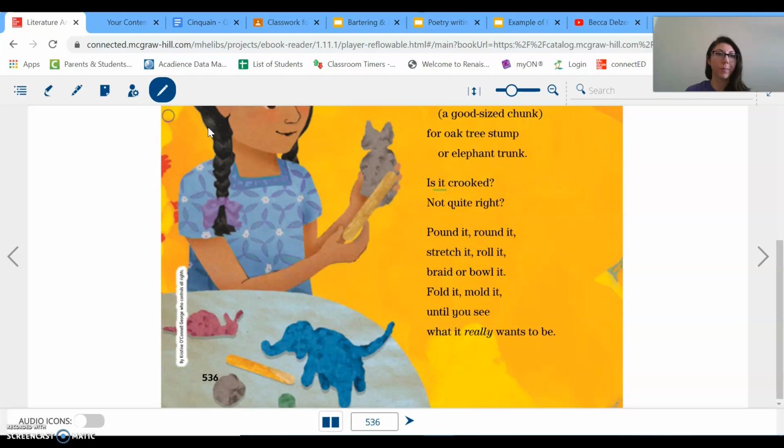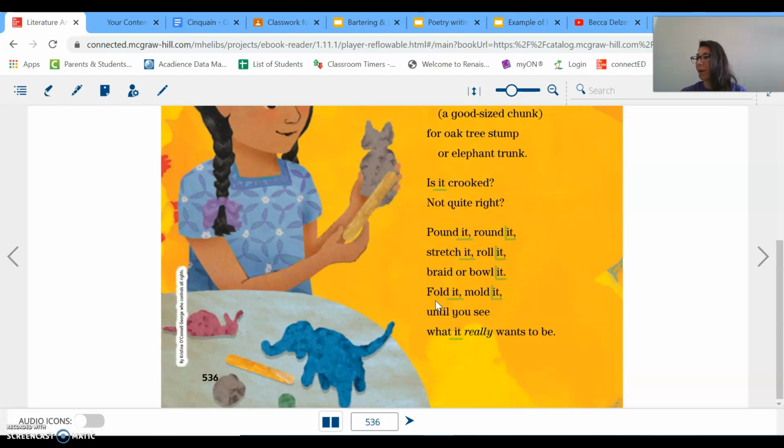Pound it. Round it. Stretch it, roll it, braid or bowl it, fold it, mold it, until you see what it really wants to be.